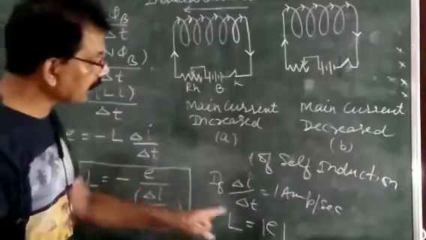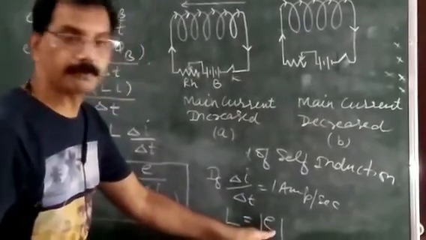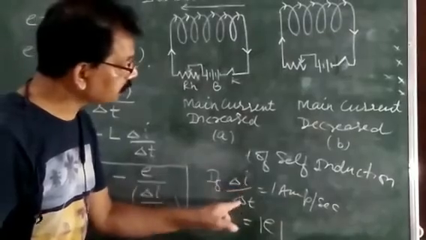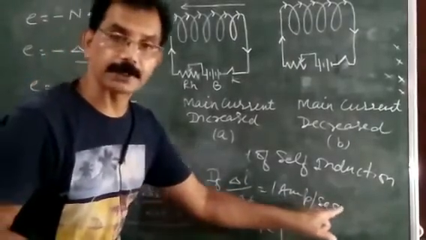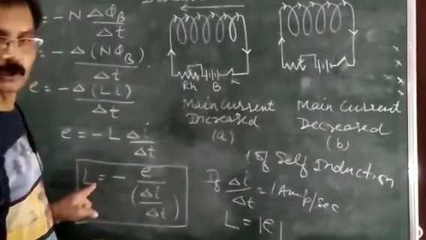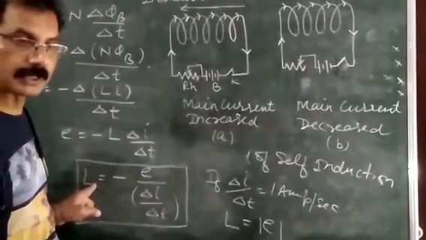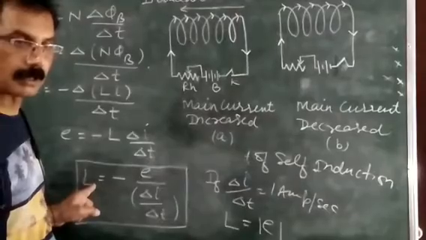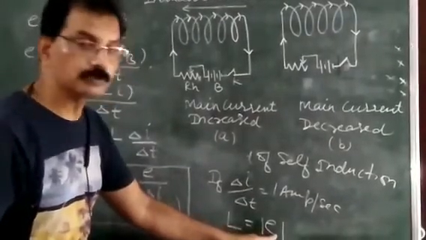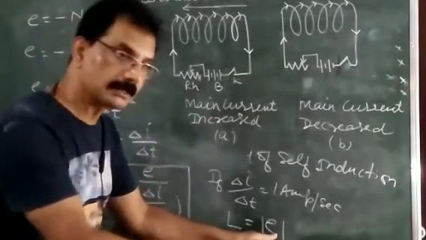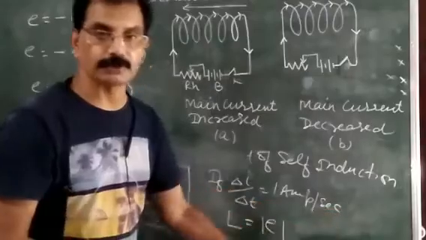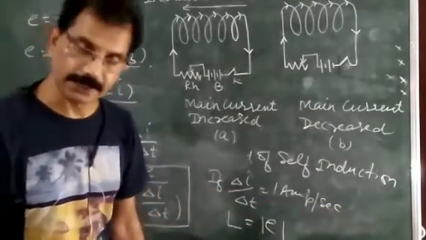The coefficient of self-induction of a coil is numerically equal to induced EMF in that coil when rate of change of current in that coil is 1 ampere per second.